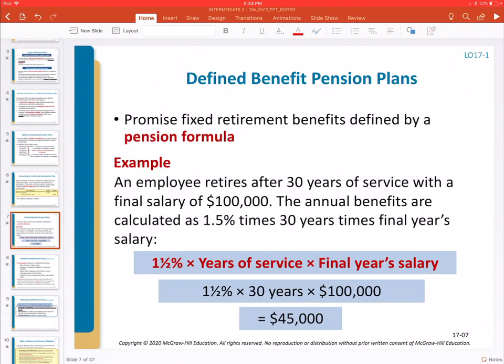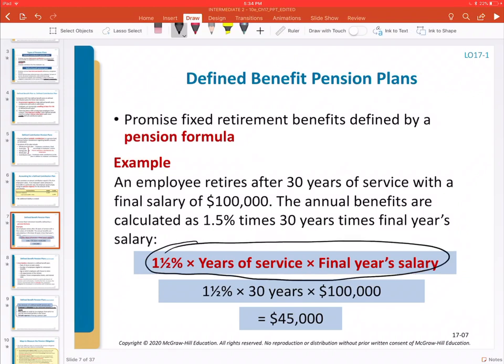Throughout this lecture, our examples and the homework examples, this is the type of formula you're going to see: a percentage times years of service times final year salary. In this very quick and dirty example, the employee retires after 30 years of service with a final year salary of $100,000.